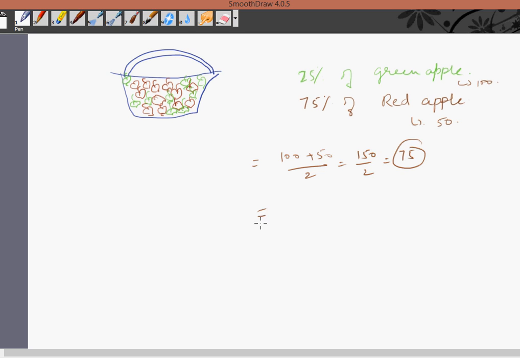Now if we take the weighted average of this, it is 25 into 100 plus 75 into 50.